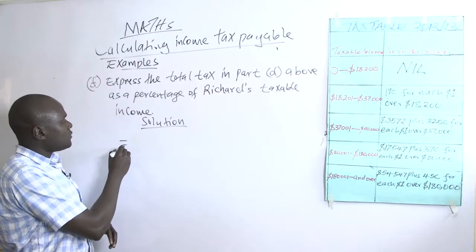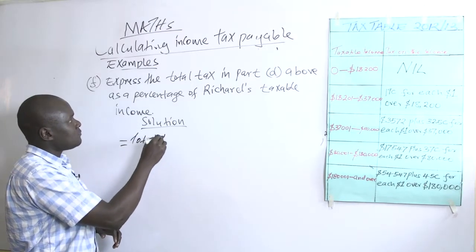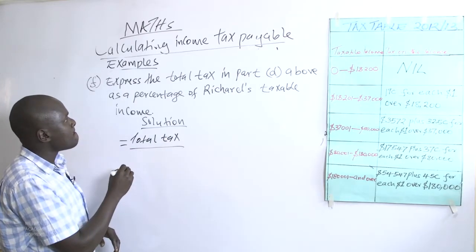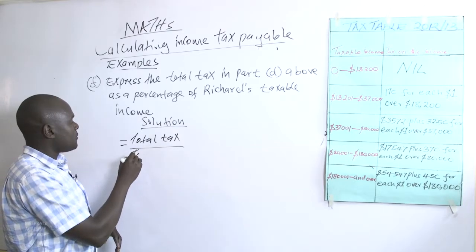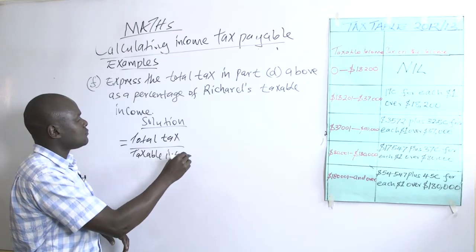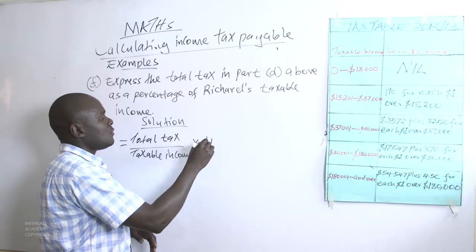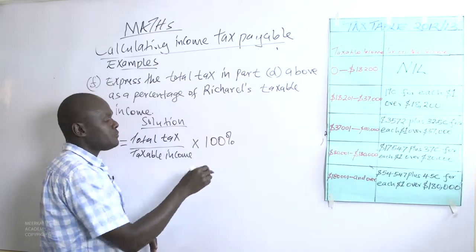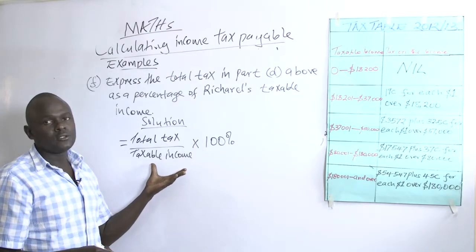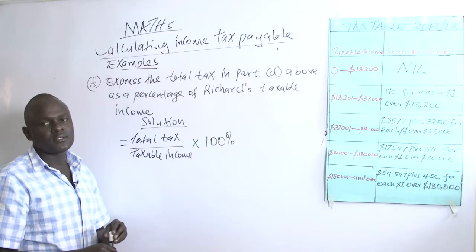This means we are going to have total tax all over taxable income, and the same should be multiplied by 100%. When we multiply any quantity or any figure by 100%, we will be expressing it in percentage form.